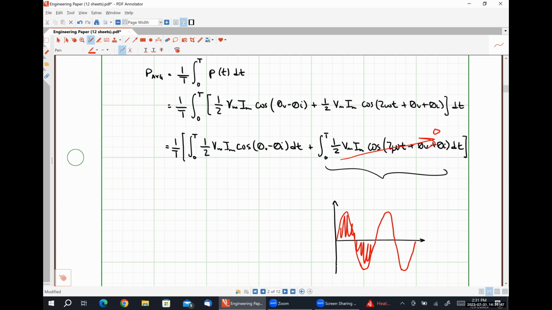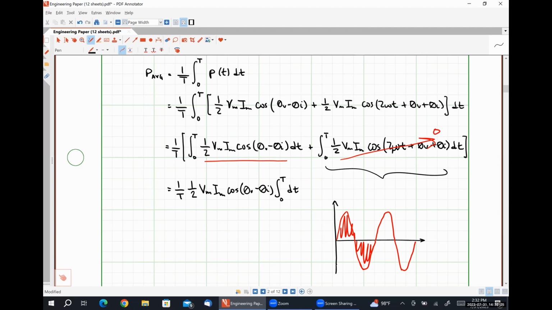So now let's look at the other thing. Well, as I pointed out earlier, all of this bit right here is just a constant. So I could take it outside. That means that I would have 1 over T times 1/2 Vm Im cosine of theta v minus theta I times the integral from 0 to T of dt.